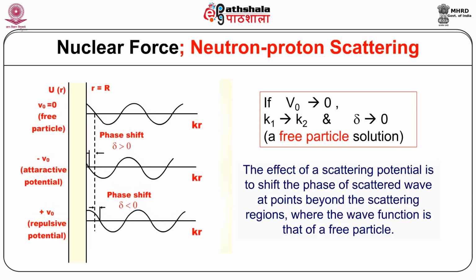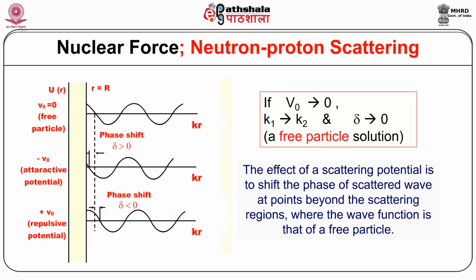When the potential is minus V0, that is attractive potential, and when it is plus V0, that is repulsive potential. V0 equal to 0 is the free particle, means when the potential is 0. Minus V0 is the region inside the nucleus. Plus V0 is called repulsive potential, it means when we are outside the nucleus, and the waveforms are given.